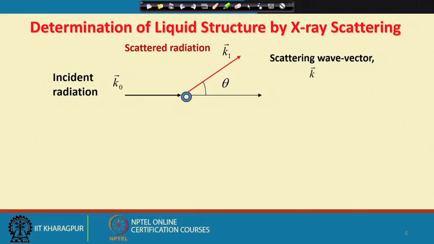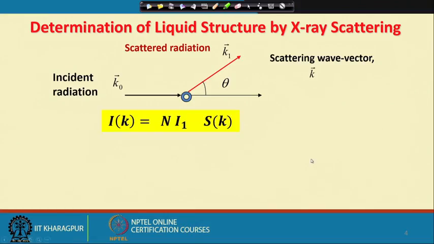In order to do that, we relate this intensity at k in terms of two factors. The first factor, as shown here, is N i1, and the second factor is S of k. I am not going to discuss how I derive this, because that would require you to understand the classical and quantum theories of scattering.